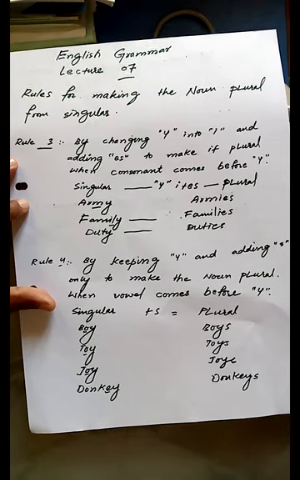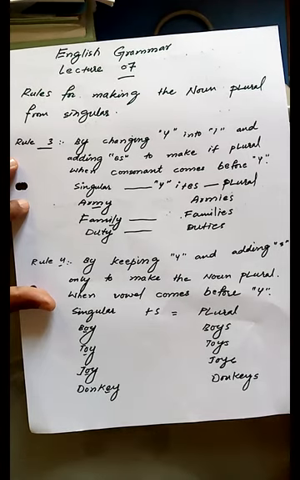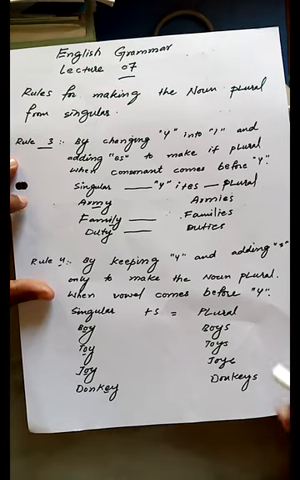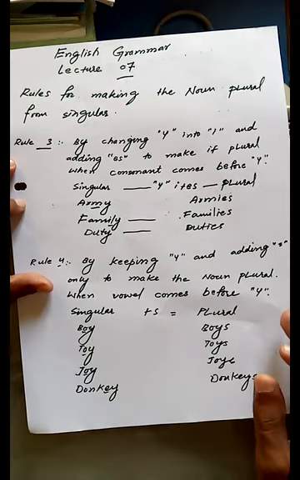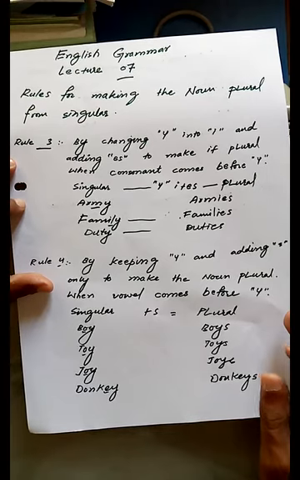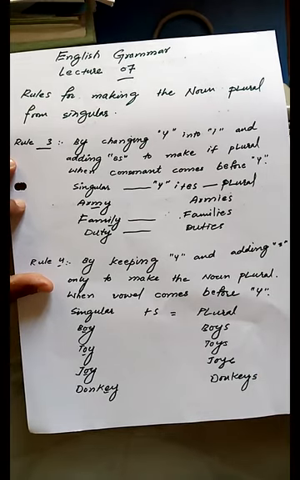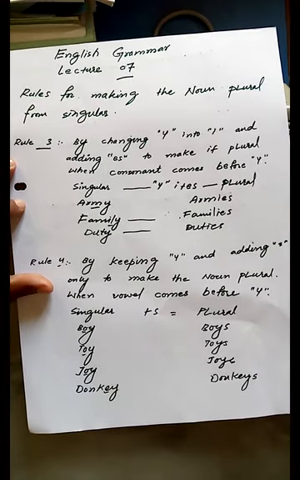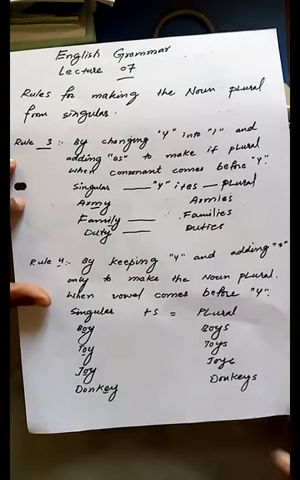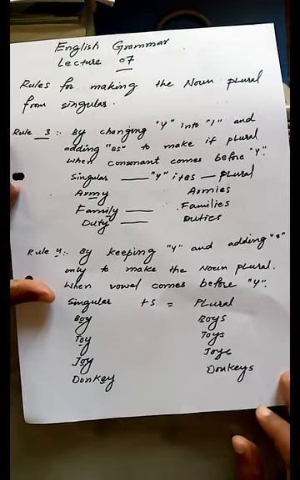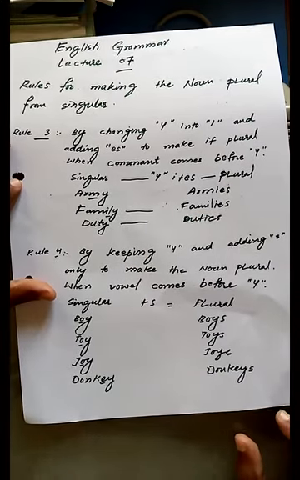Proper nouns, abstract nouns, and material nouns cannot be formed as plural number. We cannot make plural numbers of proper noun, material noun, and also abstract noun. We must form from common noun and sometimes from collective noun, as in rule number 3, that some collective nouns can also be changed into plural form.